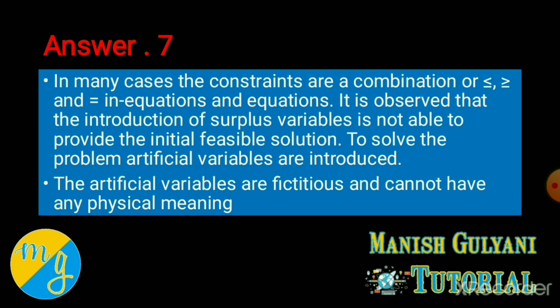So it is denoted by M. In the case of maximization, it is denoted by minus M. In the case of minimization, it is denoted by plus M. Clear? That's all about artificial variable. Always used for greater than constraints or equal constraints, denoted by minus M in maximization and by plus M in minimization.